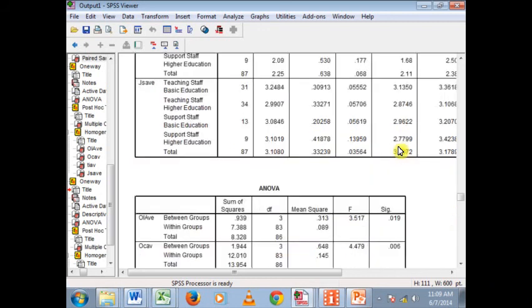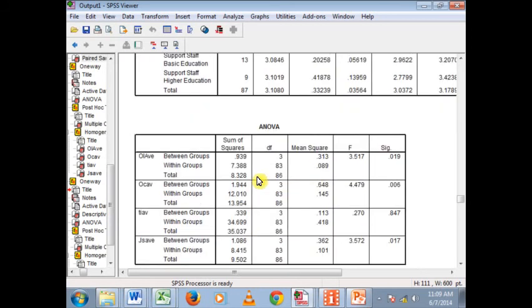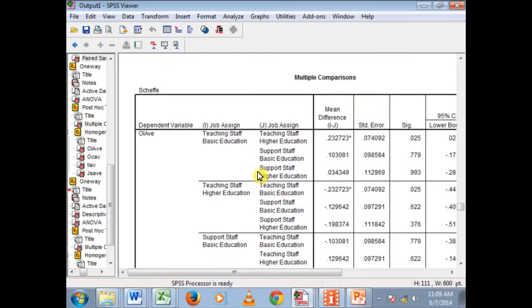If you look at the mean, the teaching staff in the basic education has a higher organizational identity compared to the teaching staff in the higher education. Okay? Their identity is higher. Let's go back to this post hoc again. What else is different?